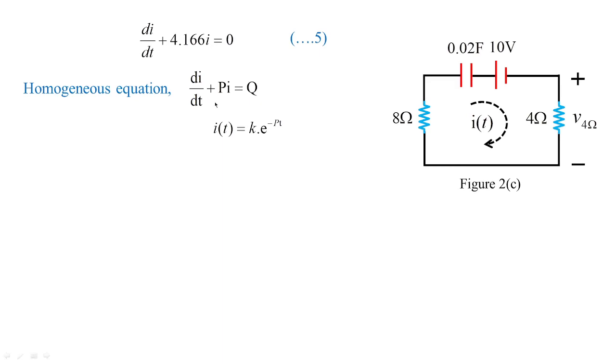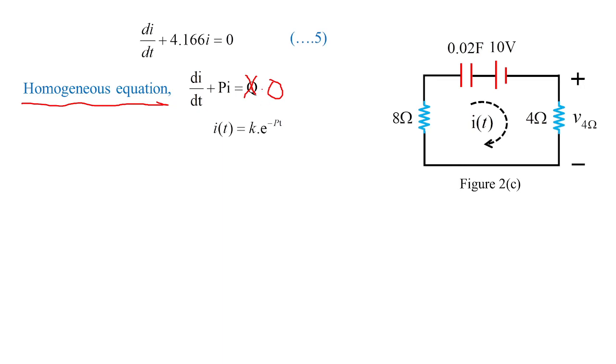Now, this is a homogeneous equation of first order. So di by dt plus pi equal to q. This is a non-homogeneous equation, where when q becomes 0, it becomes a homogeneous equation. Is this clear?